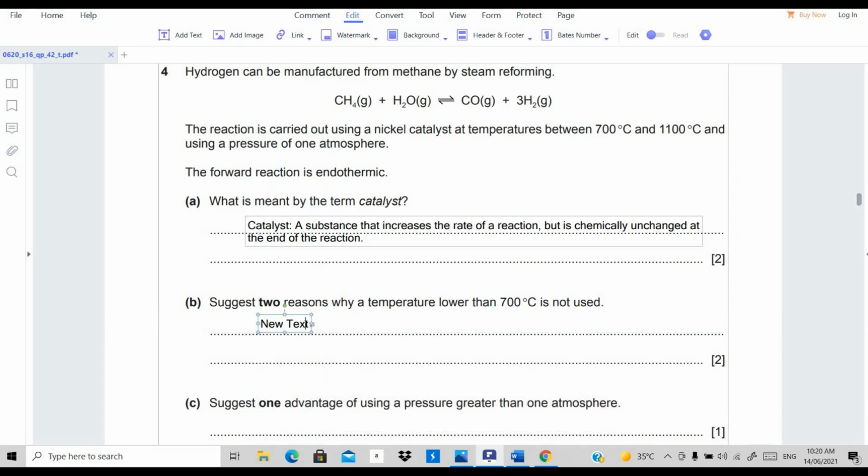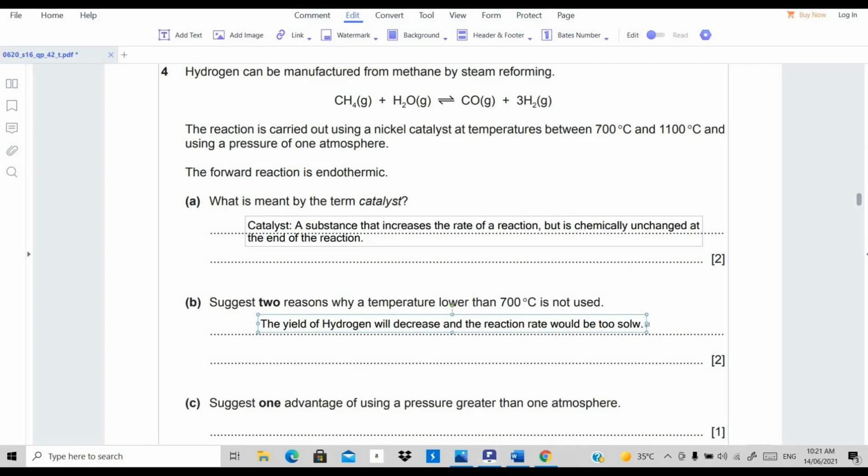Firstly, the yield of hydrogen, because hydrogen is the main product we are looking for, will decrease or will be less, and the reaction rate would be too slow. Remember the part B of the question.